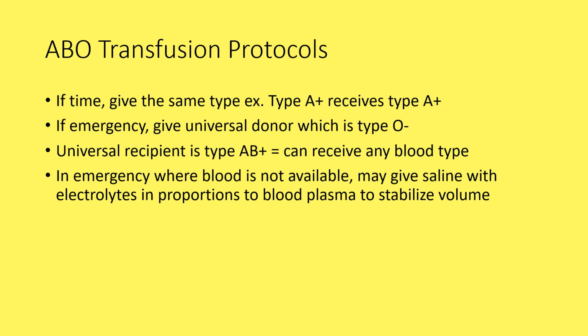In an emergency where you don't have enough blood available, you can start to give saline that has electrolytes in it that matches what the blood plasma levels are, in an effort to stabilize the volume, because the body's going to respond and try to keep the blood volume as constant as possible. Within the body, it adjusts where you need a little more blood here, a little less blood there, but overall the volume remains fairly constant.